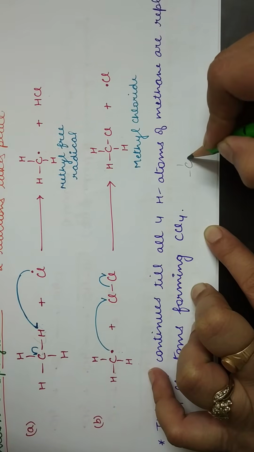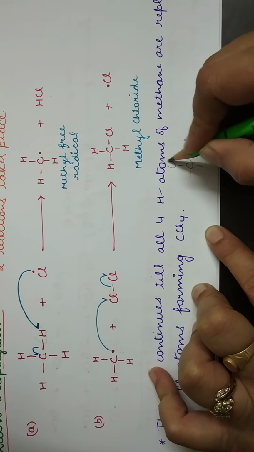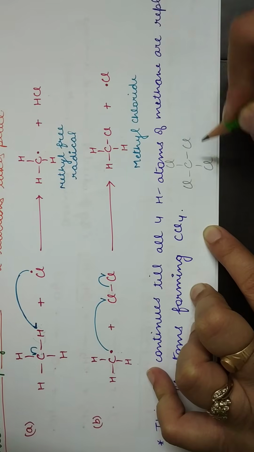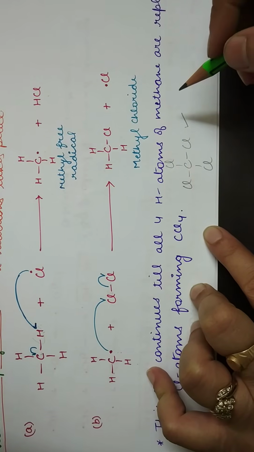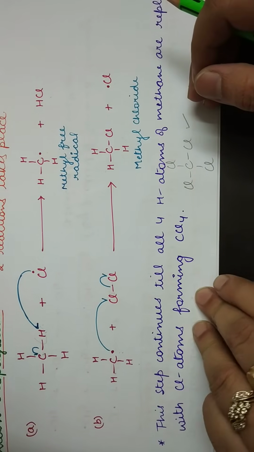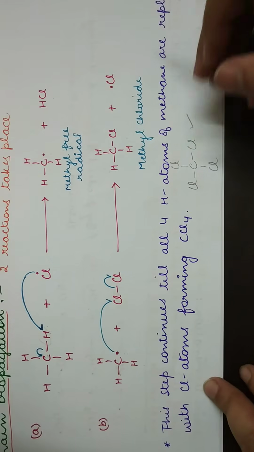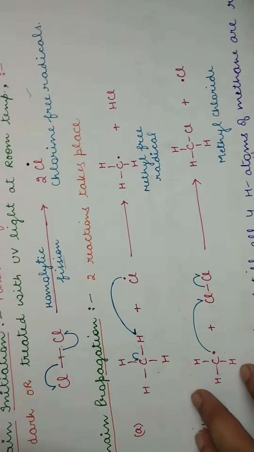We can just write it like this also. That is the carbon tetrachloride molecule, where all 4 hydrogen atoms are replaced with chlorine atoms.